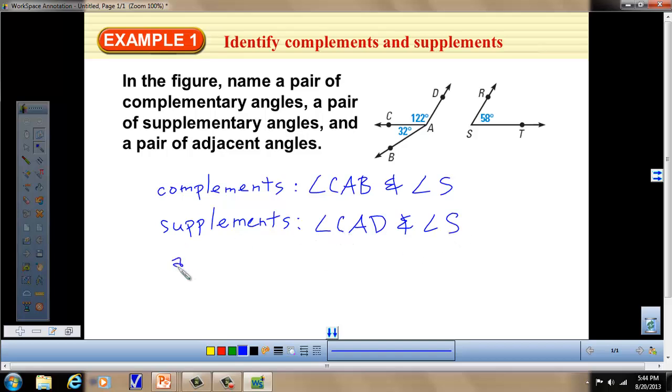And finally, we're going to look at adjacent angles. So for the adjacent angles, we would say these two that are right next to each other, their common side is ray AC, their common vertex is A. So we can say angle CAD and angle CAB.